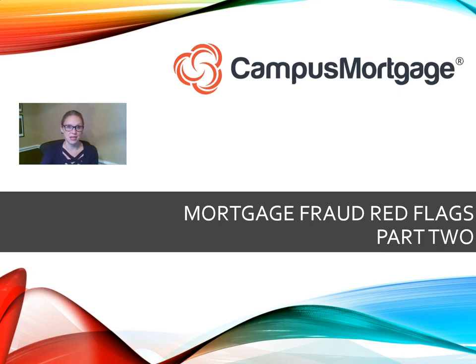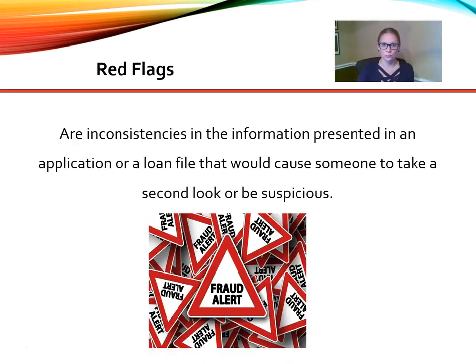Today we will be discussing part 2 of a 3-part video series, which will cover mortgage fraud red flags. Let's recap the definition of red flags. Red flags are inconsistencies or something that's going to look suspicious to you that the borrower has provided to you that's going to require a second look.